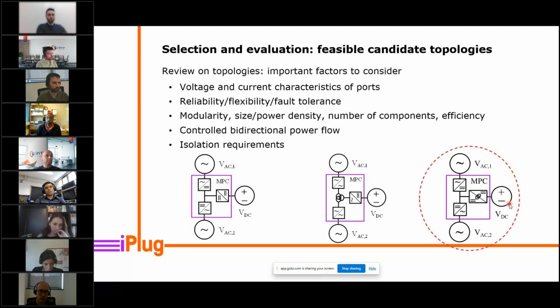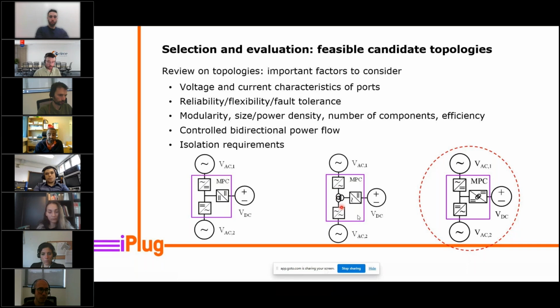So we made a qualitative evaluation of this topology, which we call partially isolated, where the two AC ports are coupled, but the DC one is isolated. We need this to have different requirements on the low voltage DC and an intermediate DC, as well as to go from an intermediate DC voltage to a lower DC voltage to get the voltage scaling. And this is the one where it's an AC-AC solution where we use a high frequency DC-DC stage, which is the one that transfers power between the ports, which you will be familiar with.